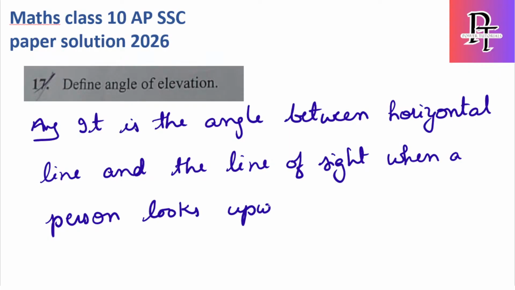So this point is important. Whenever the person is looking upward, the angle made by the line of sight with the horizontal is nothing but the angle of elevation.